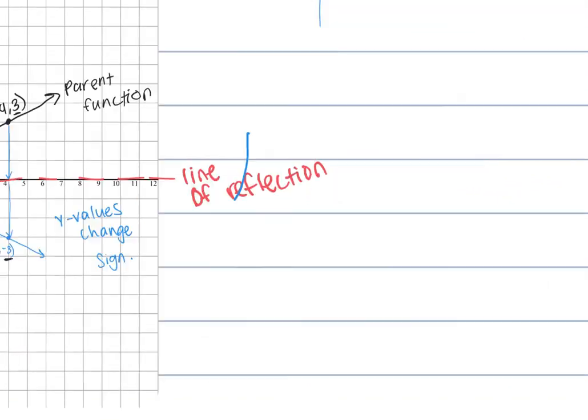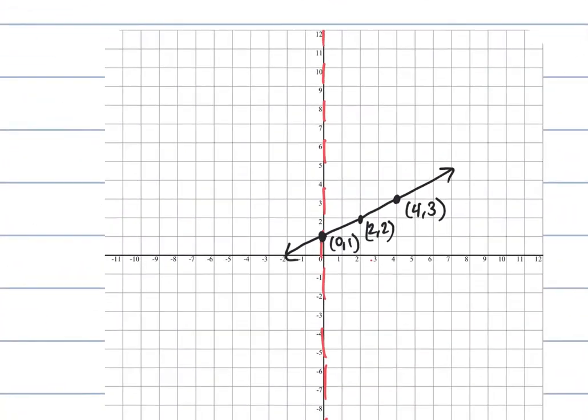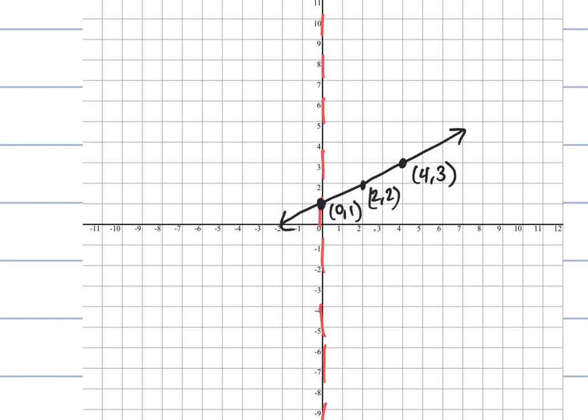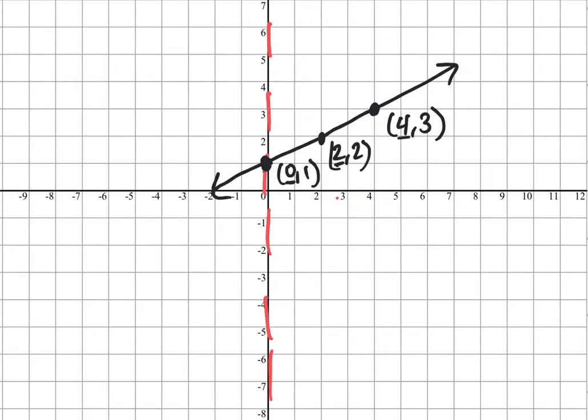So when we flip it over the y-axis, guess what changes sign? The x values, okay? So 0, 1, 2, 2, and 4, 3 change all of those x values to a negative. 0, change it to a negative. Is it still 0? Okay, so that one doesn't move.